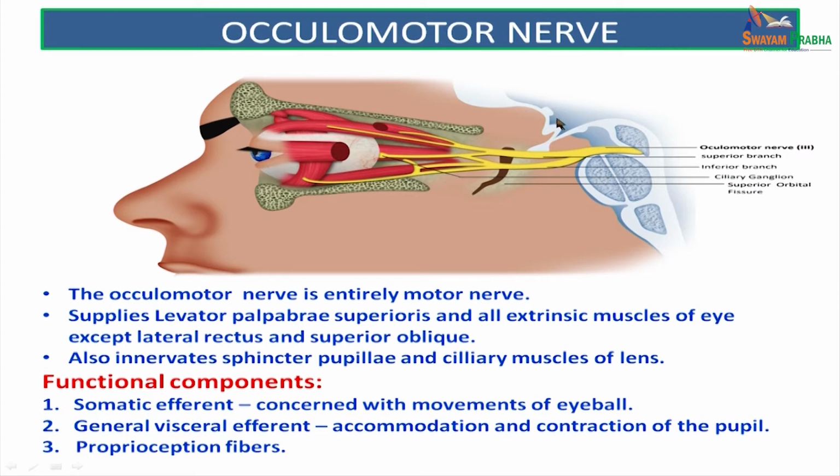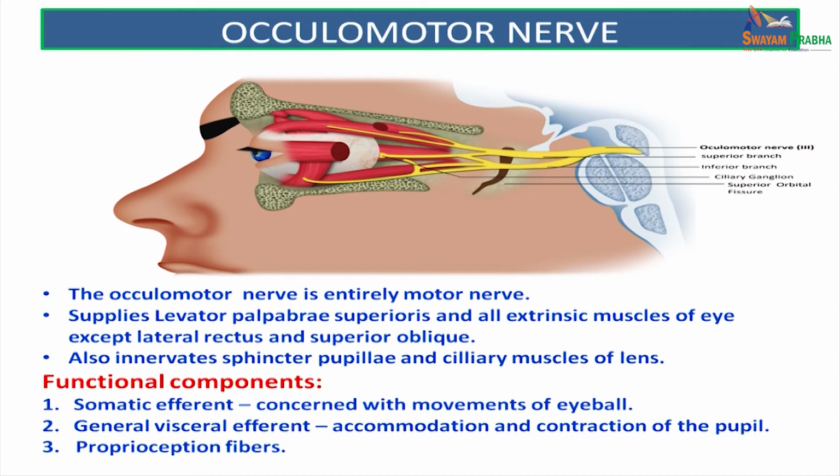So, coming to the detailing of the oculomotor nerve. The oculomotor nerve is entirely a motor nerve which supplies levator palpebrae superioris and all other extraocular muscles of the eye except the lateral rectus and superior oblique.